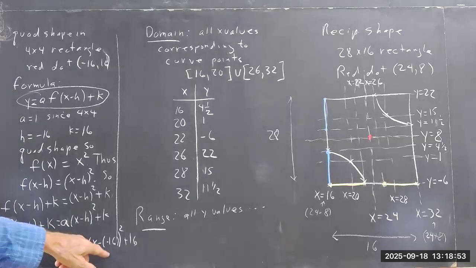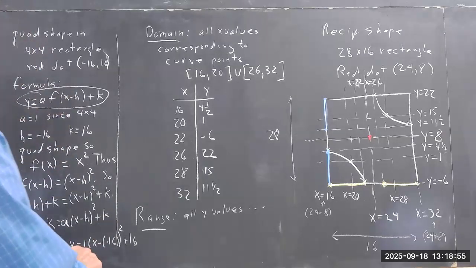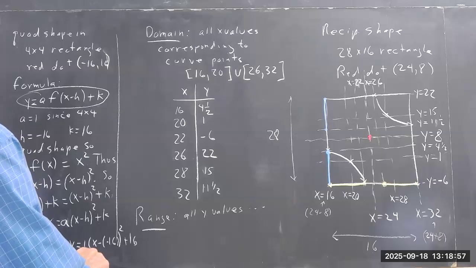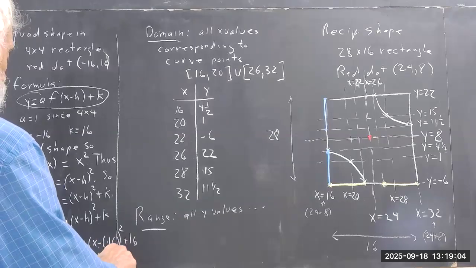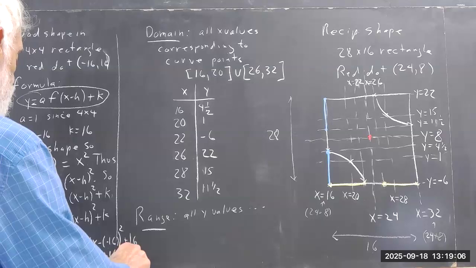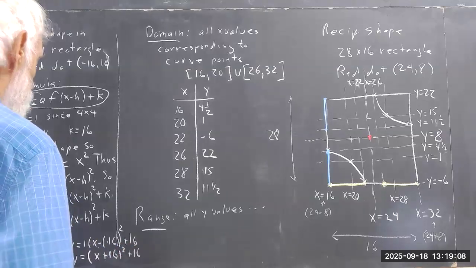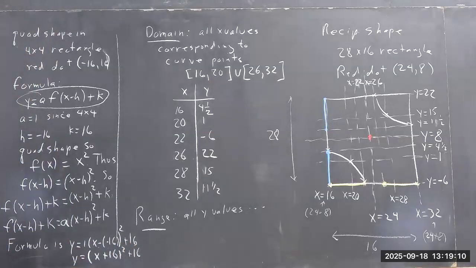Now the 1 multiplied by this, you can omit the 1. x minus negative 16 is x plus 16. And there you have it. Okay.